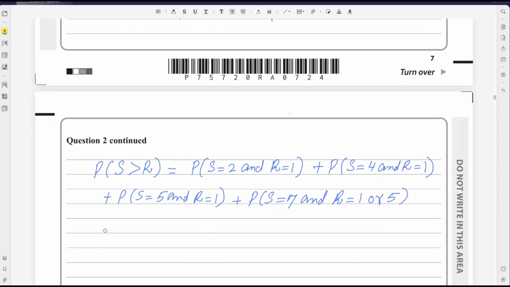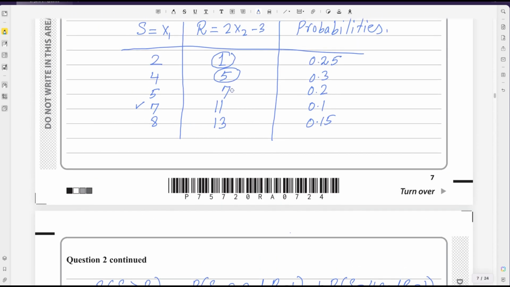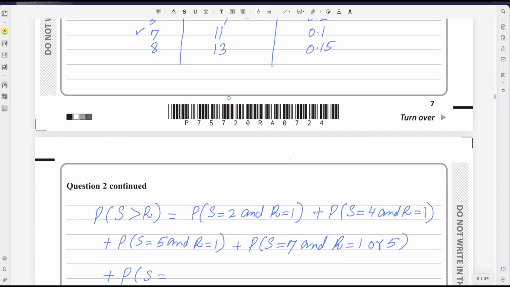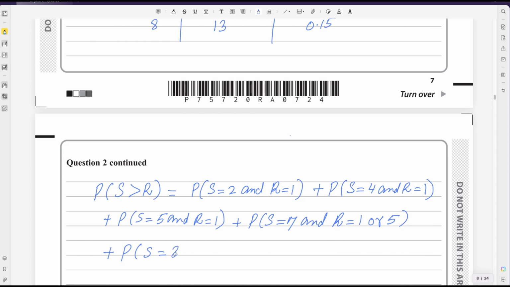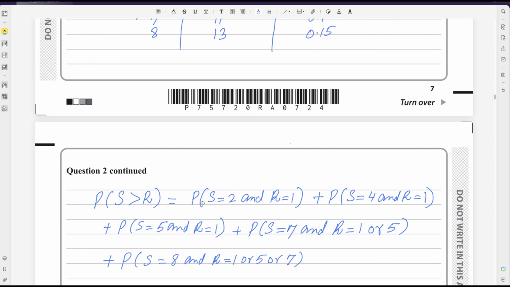Plus, when probability of S equals 8, you have to choose these three numbers, because 8 is greater than these three numbers for R, 1, 5 and 7. So when S equals 8, you will choose the values of R equals 1 or 5 or 7. These are all possibilities when S is greater than R.